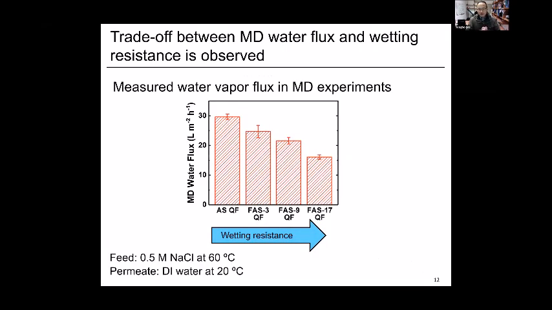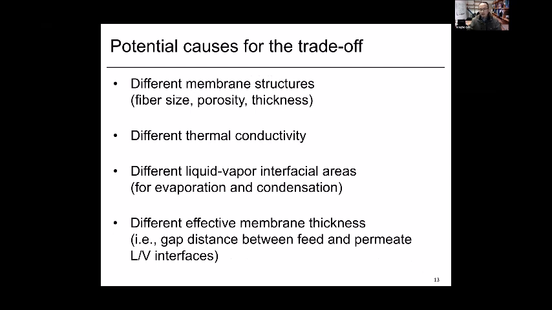We prepared these 4 different membranes, and when we measured the water flux across these 4 different vapor gap membranes in the membrane distillation experiment, we did observe that there is a trade-off between the water flux and the wetting resistance. After we got these results, we thought about 4 possibilities that could cause this trade-off relation.